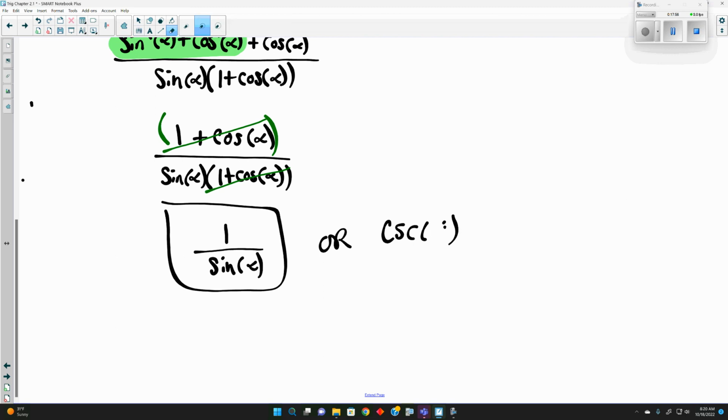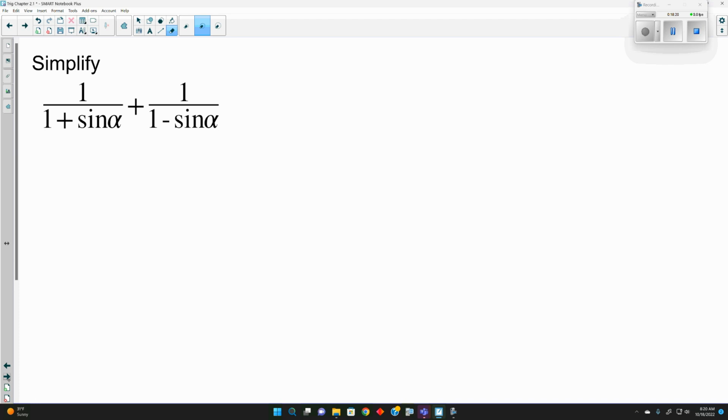For some reason I tried to write x, because cosecant is the same as 1 over sine. Neither one of these here work. Questions on this here? We ready for another one? Okay.